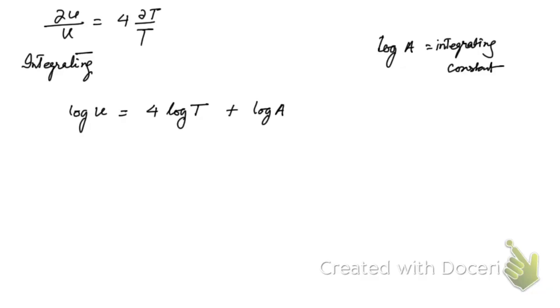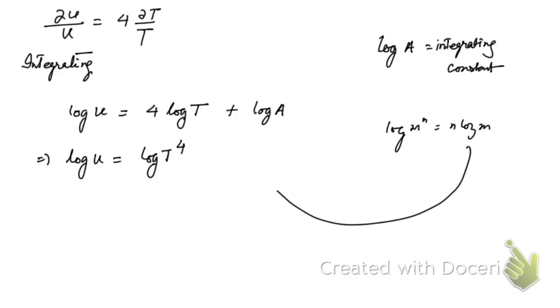So log of u is equal to t to the power 4, applying the property that log m to the power n is n into log m, right? Plus log a.